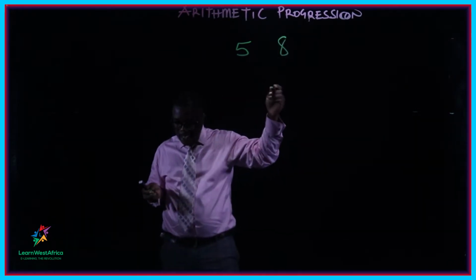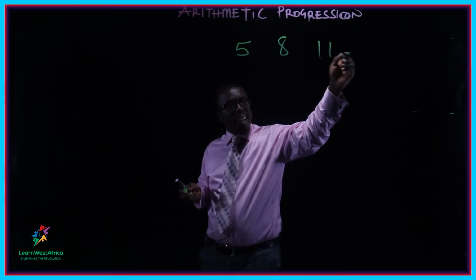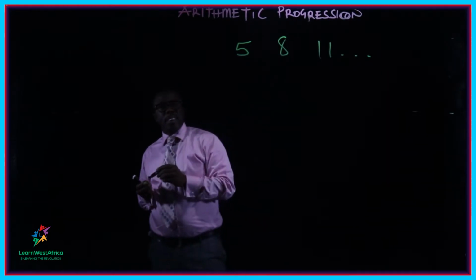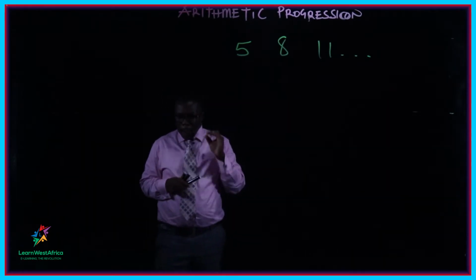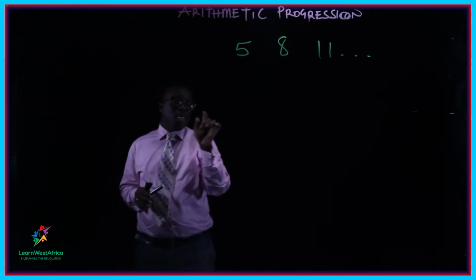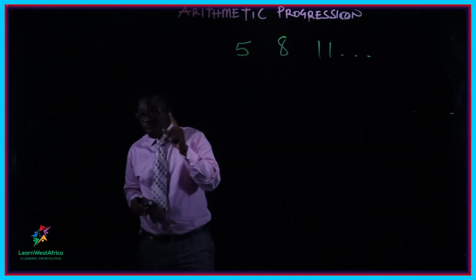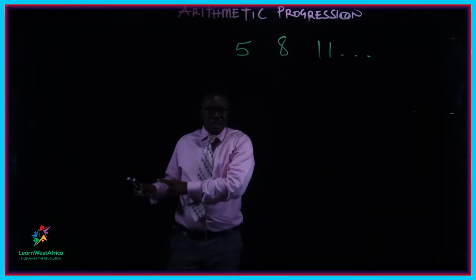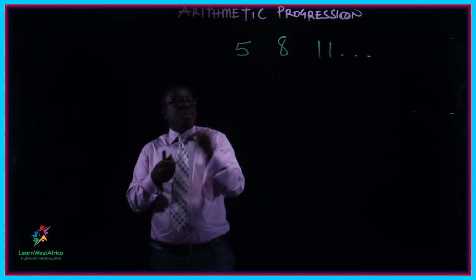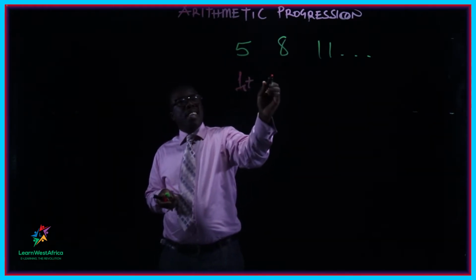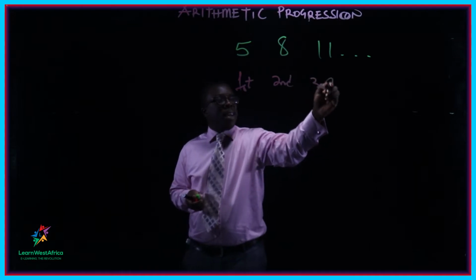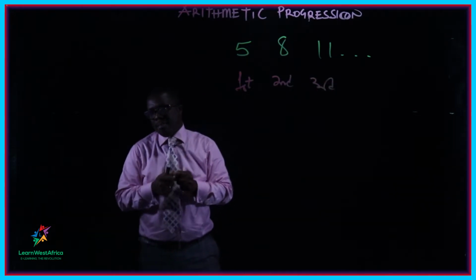And on the third day, it's 11 bags, and he keeps on doing that. So the problem asks how many bags will he collect on the 20th of March? On the first day of March, which is 1st March, this is what happened. This is 2nd March. This is 3rd March. So what happens on the 20th of March?